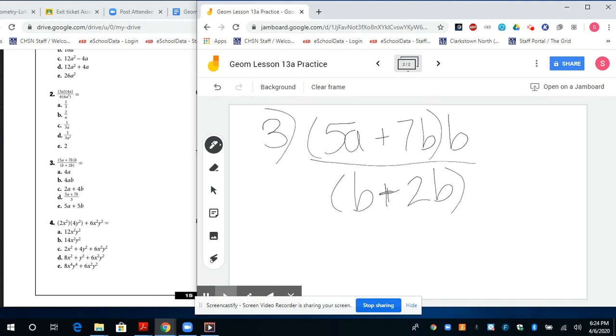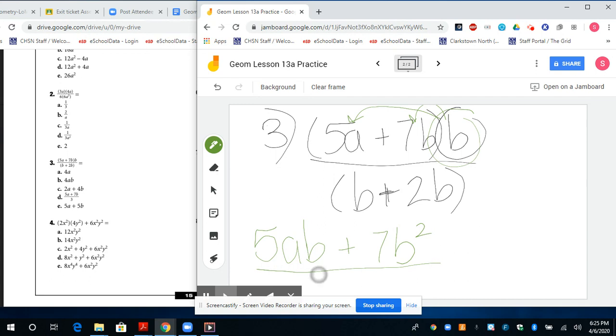All right, so here, if there's anything that's ever outside of a set of parentheses, you need to distribute it inside, and distribution is what operation? Multiplication. So if we multiply that b, we're going to get 5ab plus 7b times b. So b times b is not 2b, it's b squared.